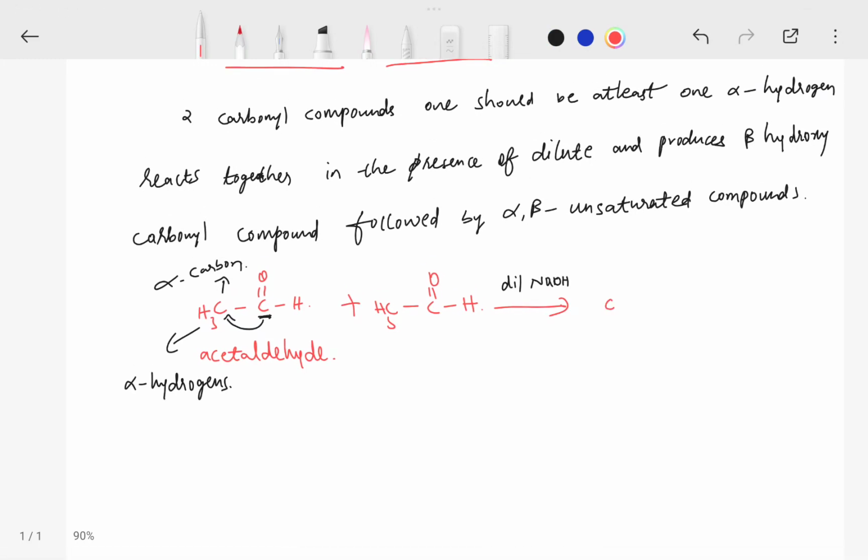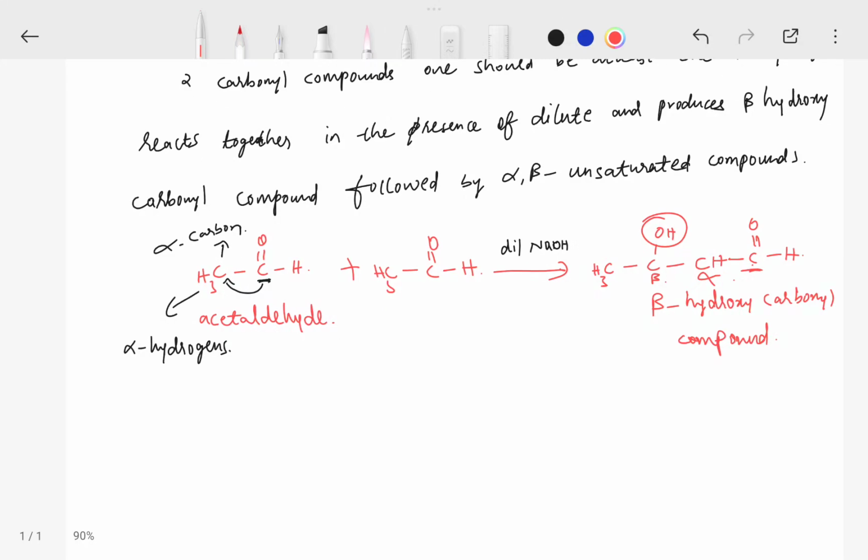It forms CH3 CH(OH) CH2 C double bond O H. This is called a beta hydroxy carbonyl compound. Here you can see this is the alpha carbon to the functional group C double bond O, and this is the beta carbon. In the place of the beta carbon, a hydroxy group is attached.